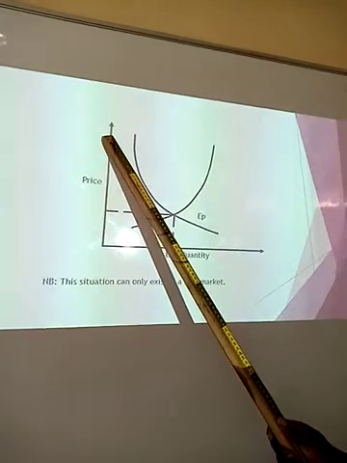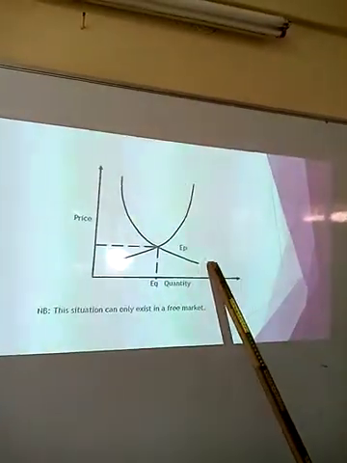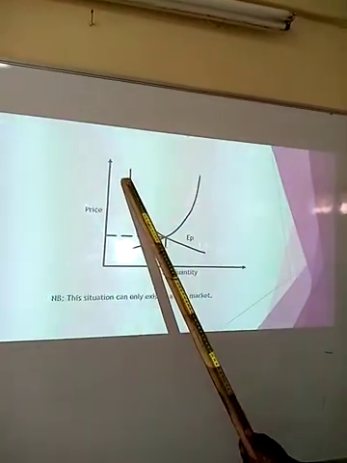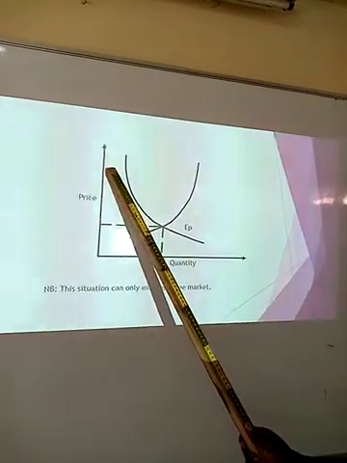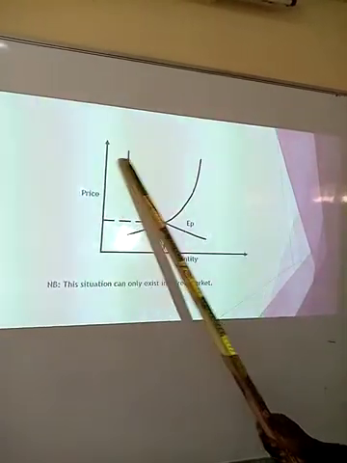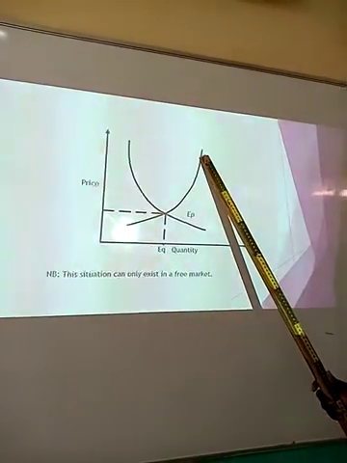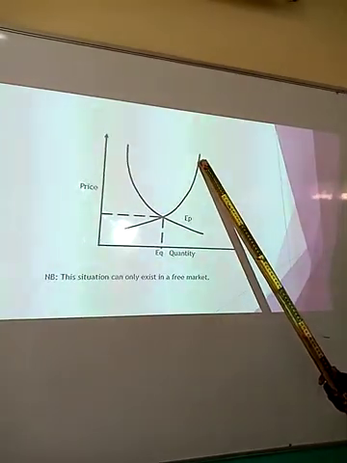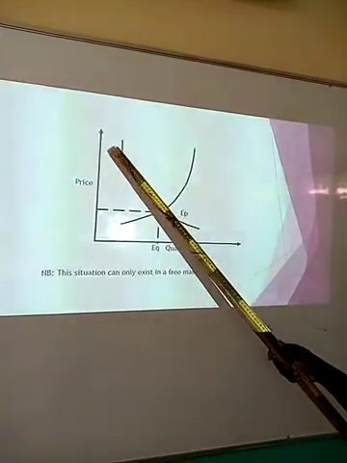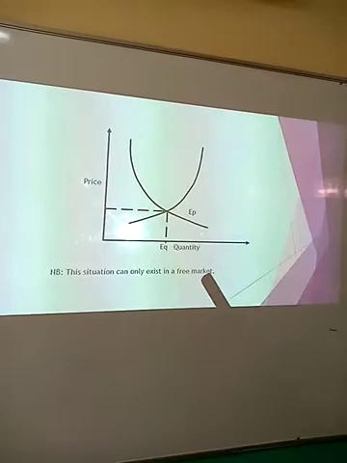And when the price is very high, then the buyers are likely to buy less. But at that same high price, sellers are likely to supply more. They are willing to supply more because the price is high and favorable to them.